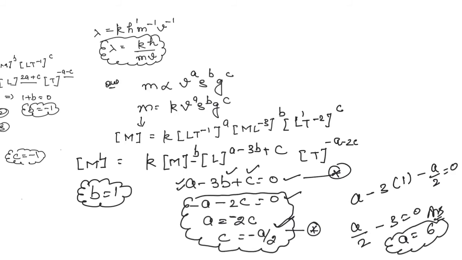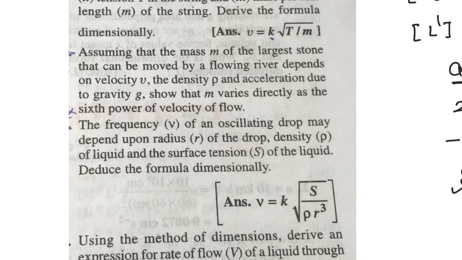And this same thing we had to prove, that the mass depends on velocity raised to power 6. You have to prove that m varies directly as the 6th power of velocity of flow. So you have proved that mass depends on velocity raised to power 6.